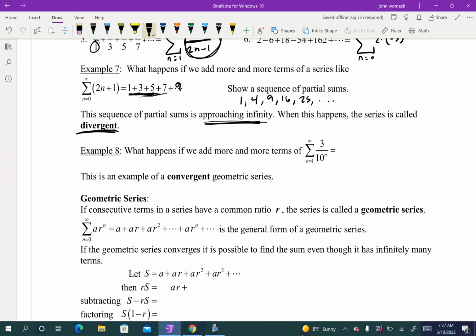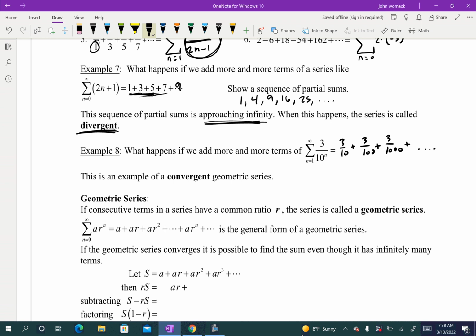So example 8 says, what happens if we add more and more terms to this one? Let's actually write out our series. If I plug 1 in, that'd be 3/10. If I plug 2 in, that'd be 3/100. If I plug 3 in, it'd be 3/1000. Okay, we can keep going.